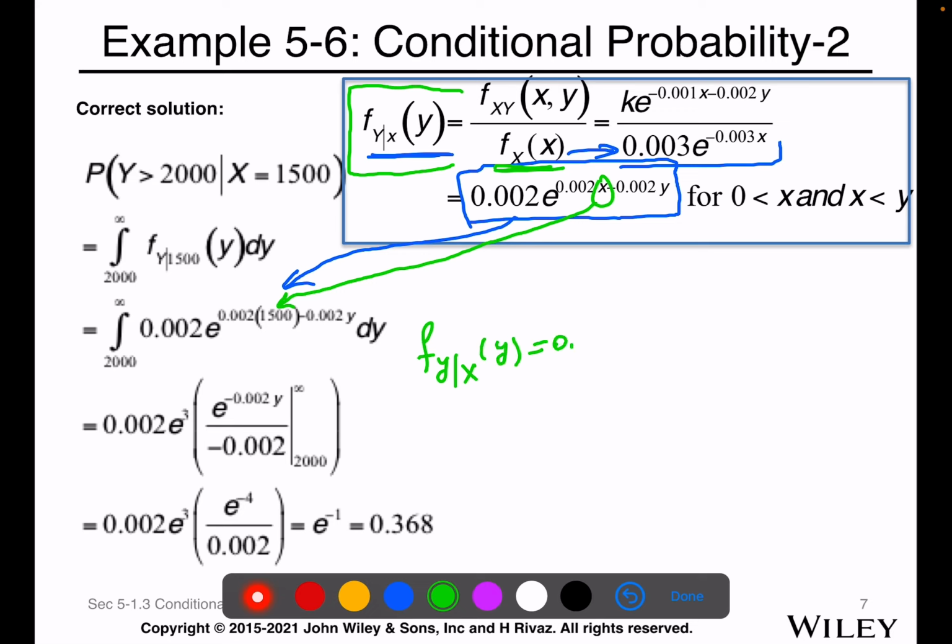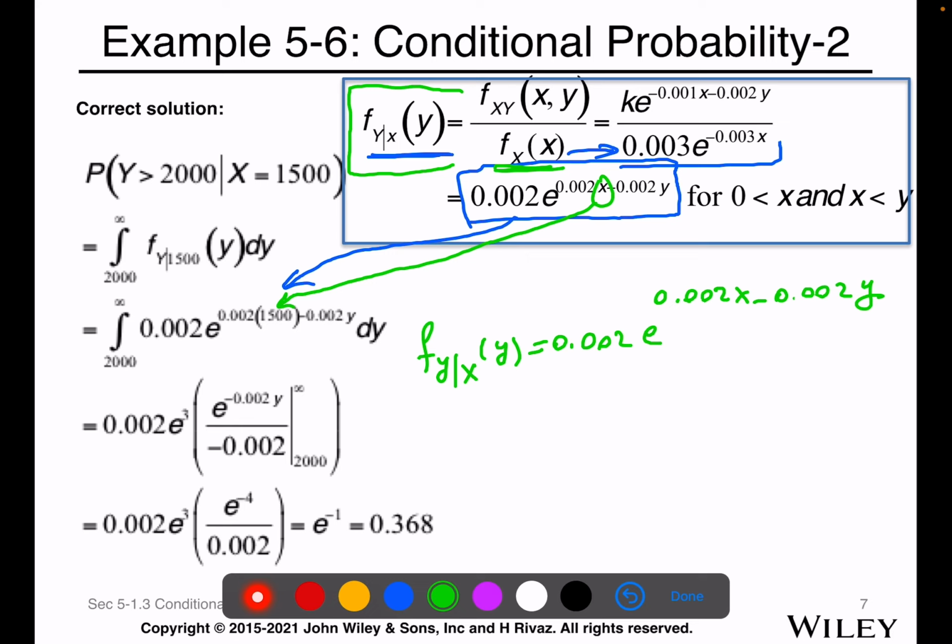It's 0.002 e to the 0.002x minus 0.002y. This is the conditional probability of y given x.